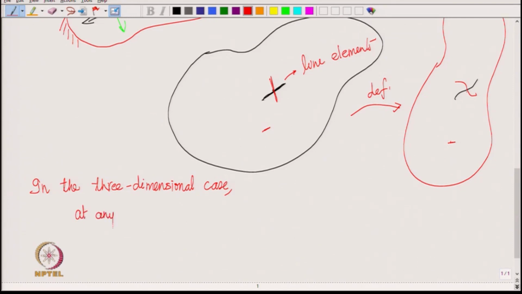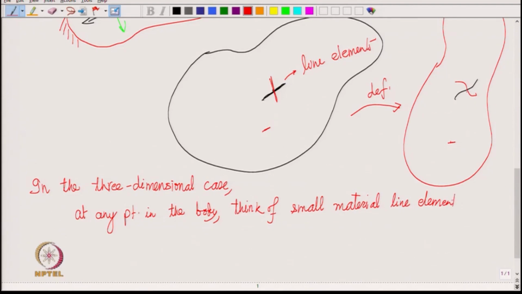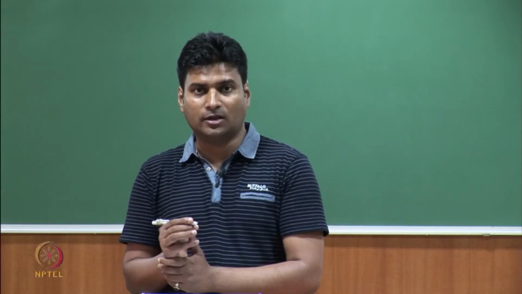at any point in the body, think of small material line elements. So, material line elements means they are connected with the body. So, as the body deforms, the line also deforms. So, therefore, we call it material line element.